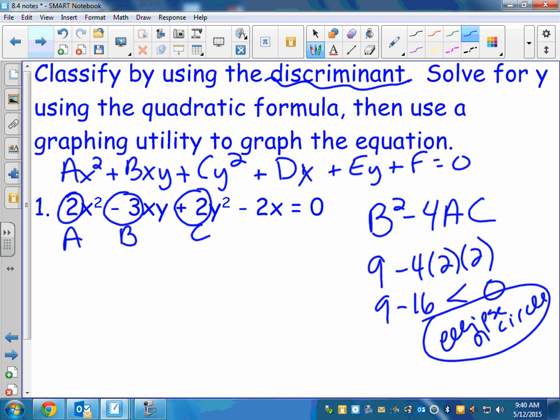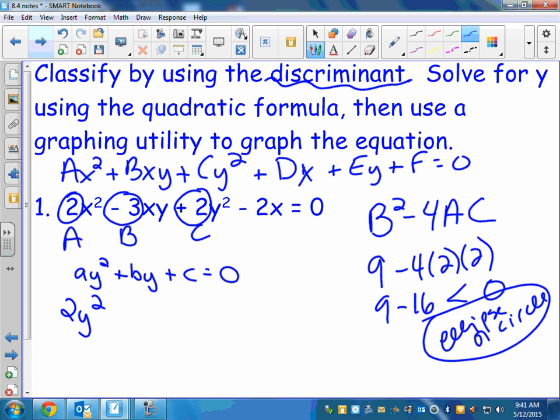But here's what I want to show you how to do. If we want to get this in the form of the quadratic formula, like ay squared plus by plus c equals 0, notice I changed the lowercase letters. The y squared term is obviously going to just be the y squared, which would be 2y squared. And in this case, we only have one thing with the y in it.